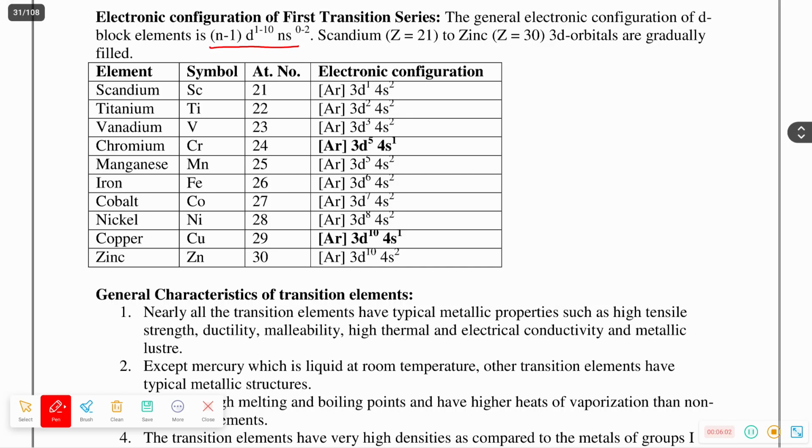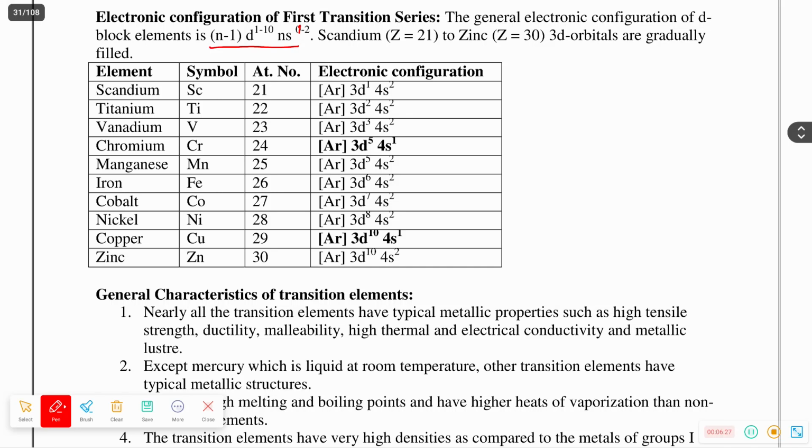Because D can accommodate a maximum of 10 electrons. And you know that S can accommodate a maximum of 2 electrons. So it is ns 1 to 2. So the general electronic configuration of D block elements is (n-1)d 1 to 10, ns 1 to 2.